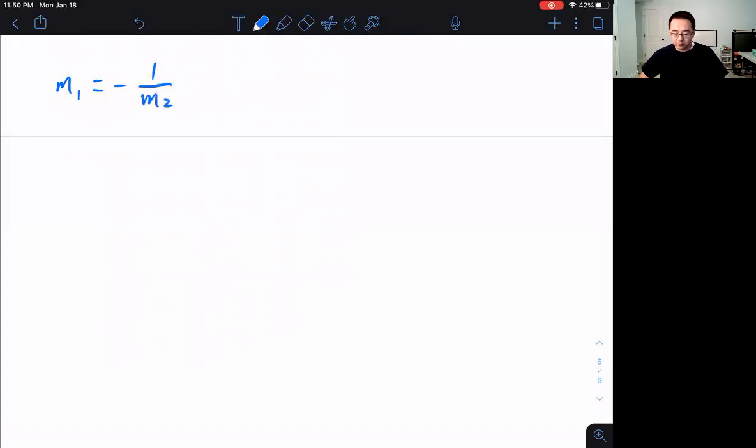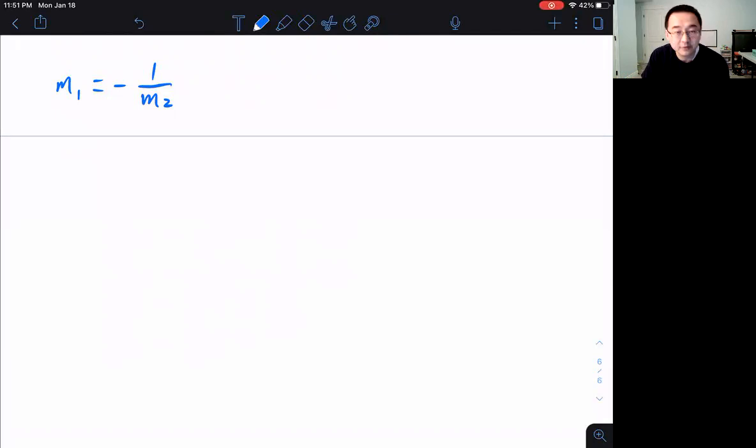So if they're perpendicular, the slope of one is the negative inverse of the other. Of course, if you do have a vertical line, then the perpendicular is the horizontal line where slope equals 0. But since vertical slopes are not defined, we can't do this in this form.